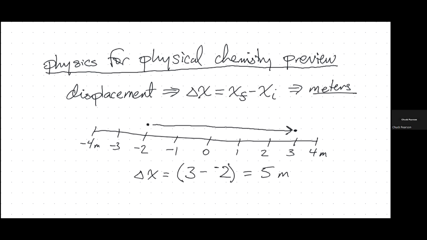And if we change our color a little bit and start at 1 and travel to -3, the displacement there is -3 minus 1, or -4 meters.